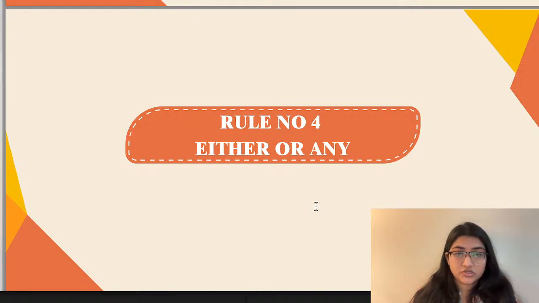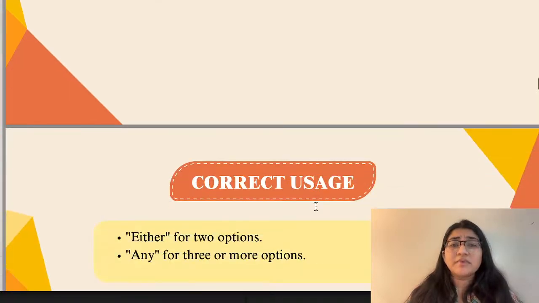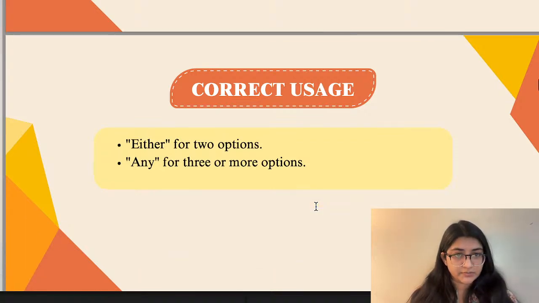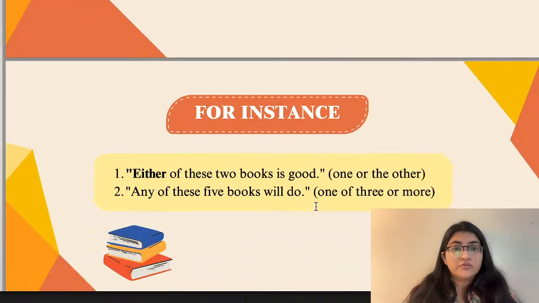Very good, Dinesh. You're quite close. Right. So this is the main difference. When you are using either, you have two options and you have to pick one out of the two. But when you're using any, you're talking about three or more options. So any is used for three or more options, but either specifically for two options. For instance, either of these books is good.